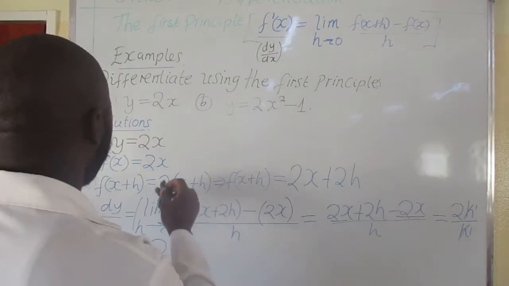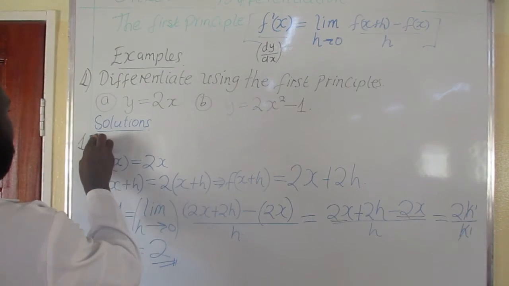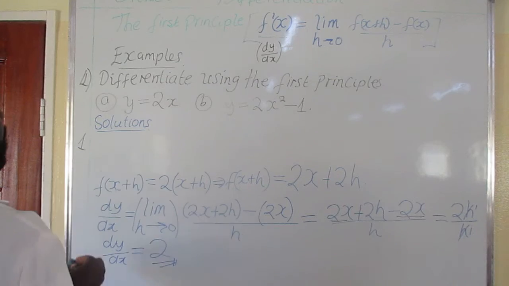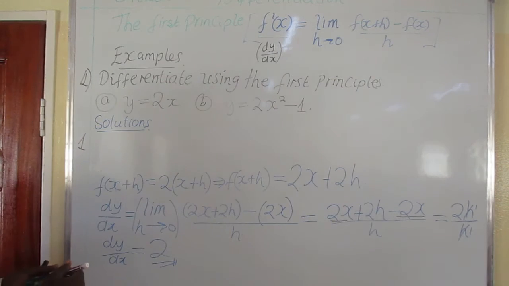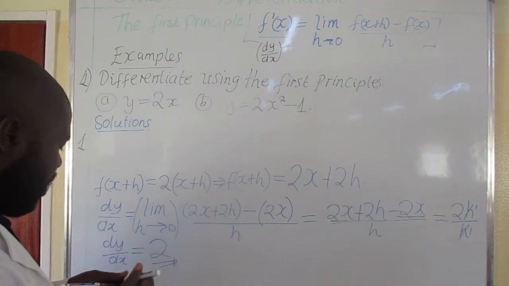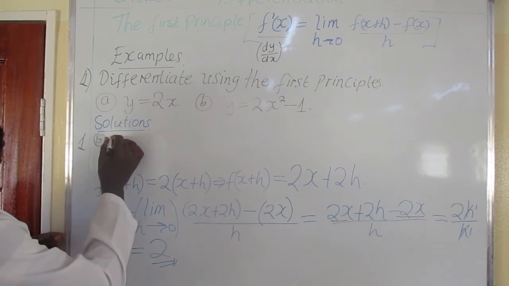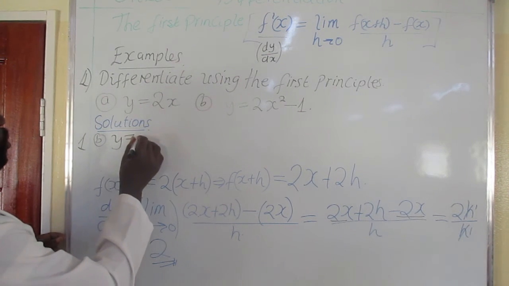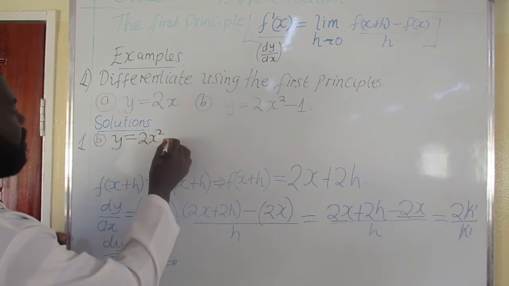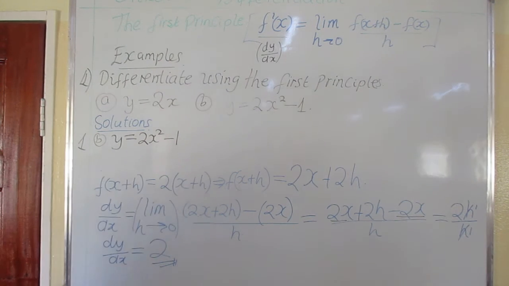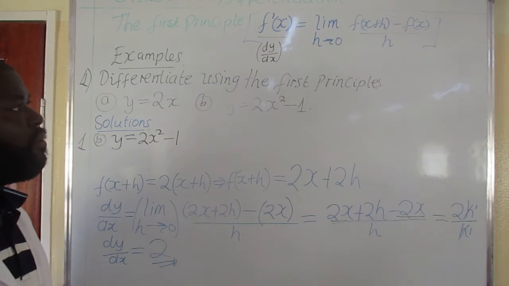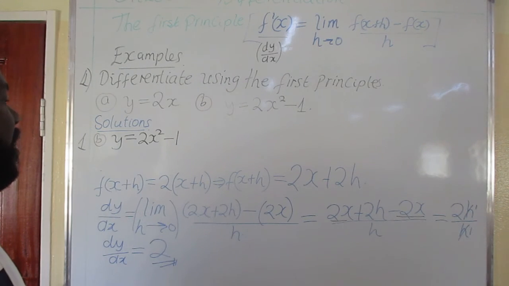So when we look at B, we have y is equal to 2x squared minus 1. So again, we need to know the values of, or the expressions for, f(x) and f(x plus h).